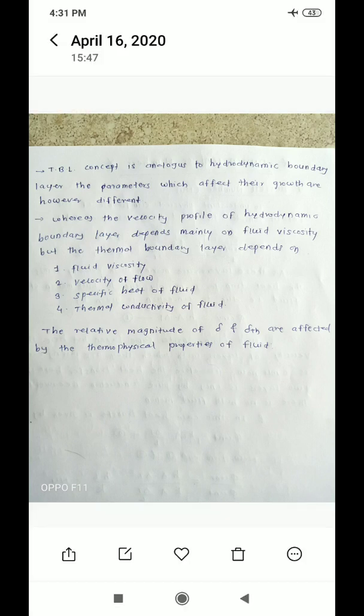Velocity boundary layer thickness depends mainly on fluid viscosity. But the thermal boundary layer depends on fluid viscosity, velocity of the flow, specific heat of the fluid, and thermal conductivity of the fluid. So the thermal boundary layer depends on these four factors.